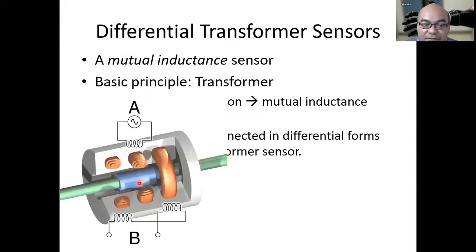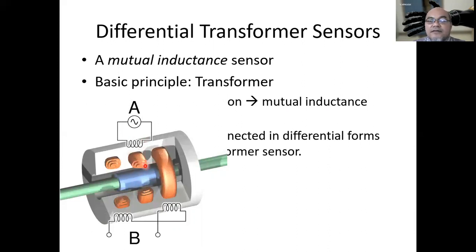Something like this. We have three coils here, and we have the source coil here in the middle, A, where an alternating current flows through. So it creates an electromagnetic field.